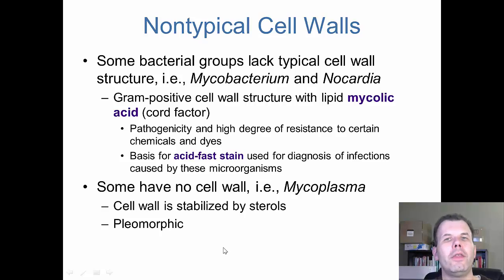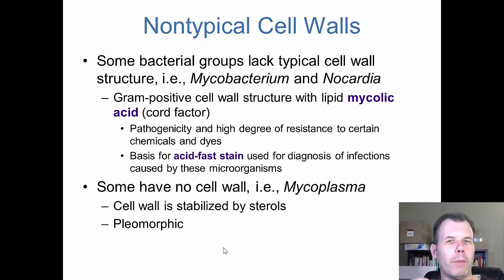All right. There are some bacteria out there that don't have cell walls, or they do have cell walls, but they don't stain as well with the gram stain. We call these the atypical cell walls. One of the bacteria that is very important in the idea of infections is the one that causes tuberculosis. This is called Mycobacterium. Mycobacterium has a different cell wall than the normal gram-positives and gram-negatives.